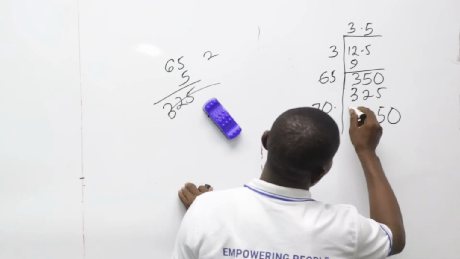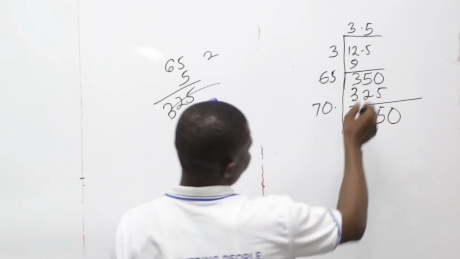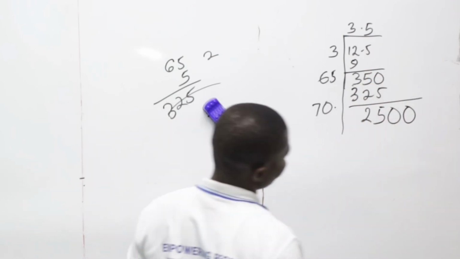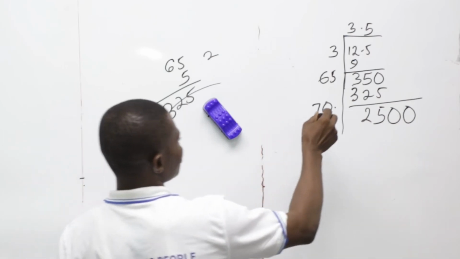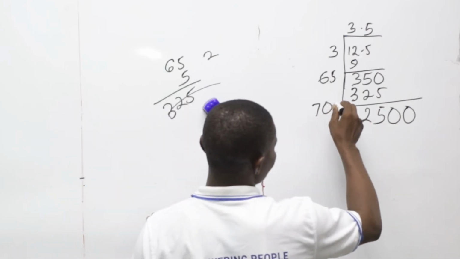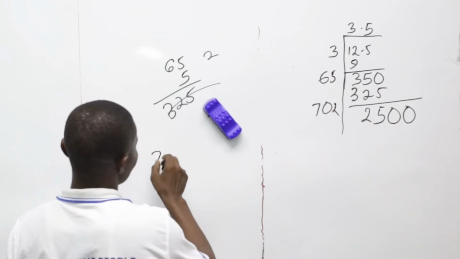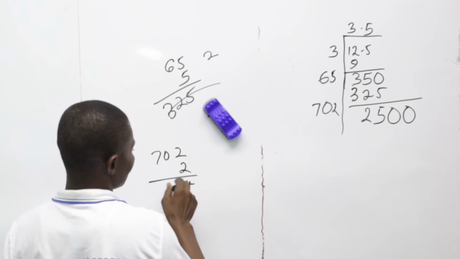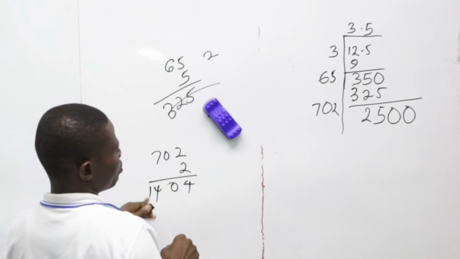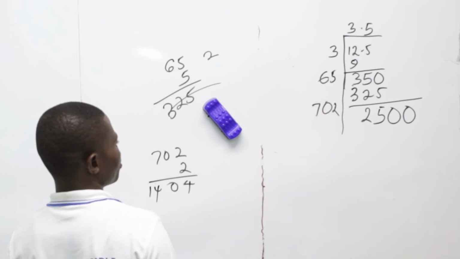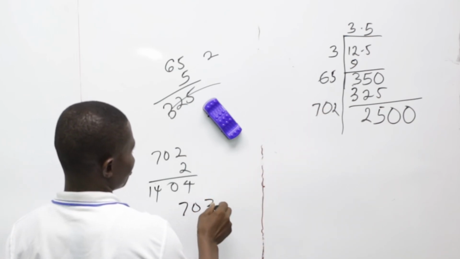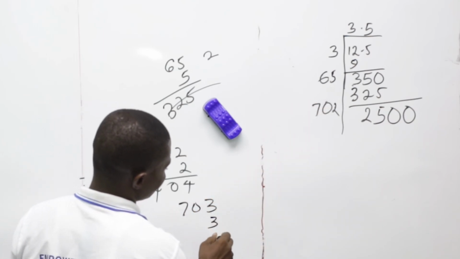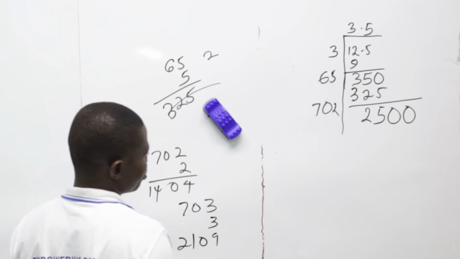And here must be increased as well. Remember you have increased before. This is 70. If you are to have 2 here, 702 times 2, this is 4. 1,004 something. Why we have 2,005 something? So let's say 703. 3, this is 90, 21, 2,000 something.